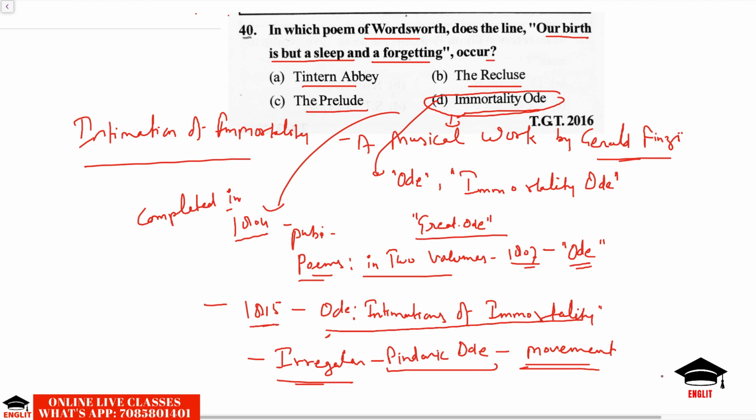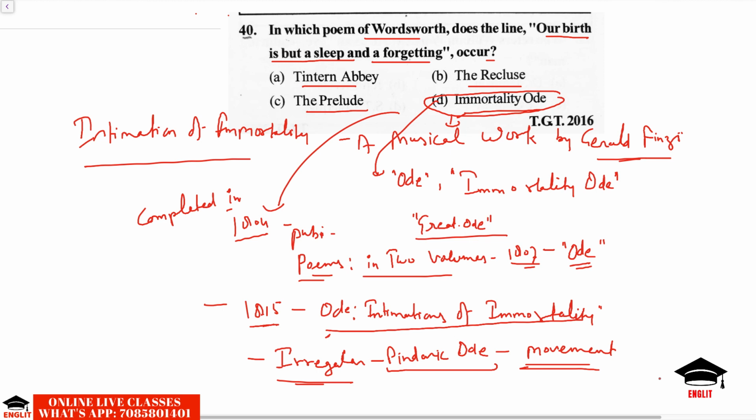So the poem is also in three parts. These three parts reflect three different movements: strophe-like, antistrophe-like, and epode. Strophe means clockwise, antistrophe means anti-clockwise, and epode means static. So a Pindaric ode is sung when the group of players or singers move clockwise, and this part is called strophe.